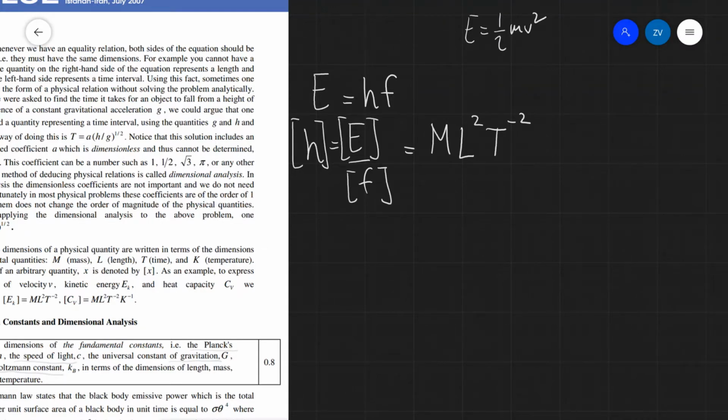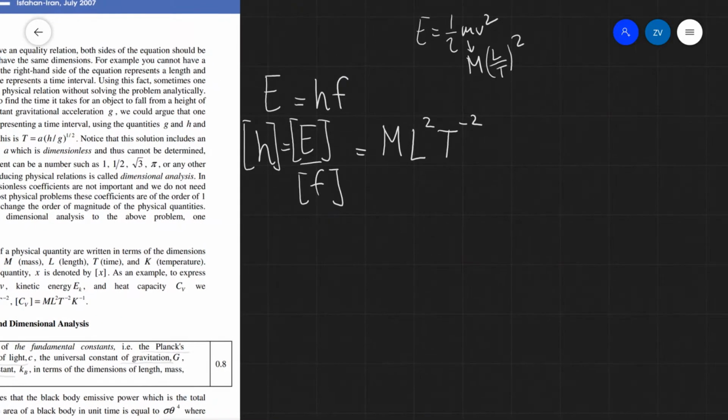The half is going to have no units. m, the mass, is going to have the units of mass. v is going to have units of length per time, and then all of that is squared, and this is really equal to M L squared divided by T squared, which is equal to M L squared T to the power of -2. Okay, cool.